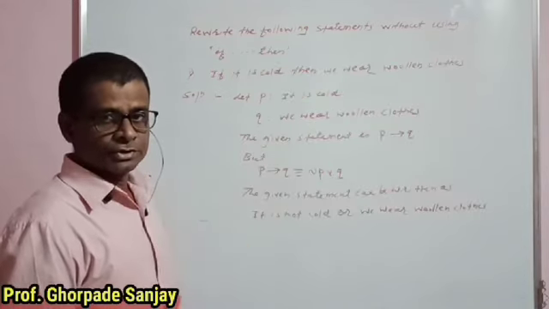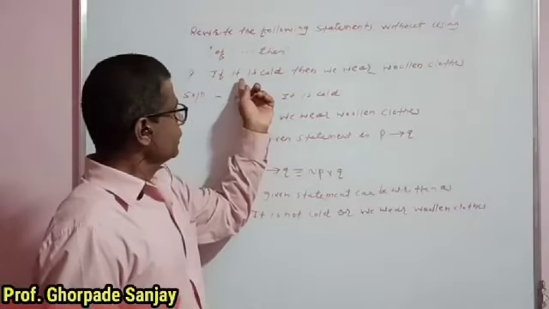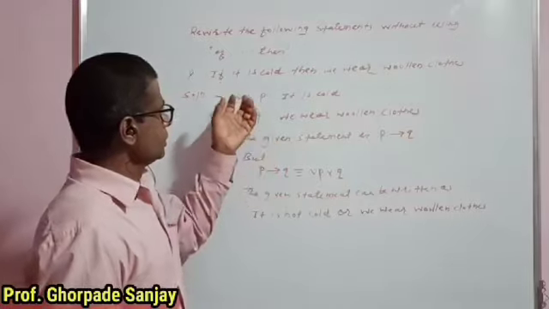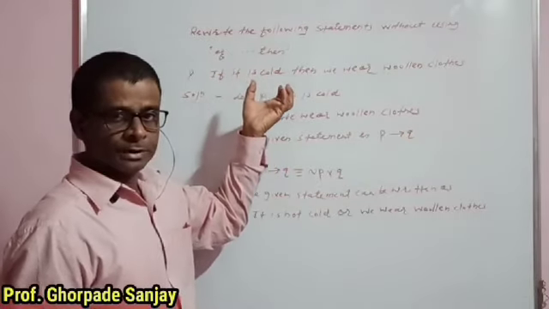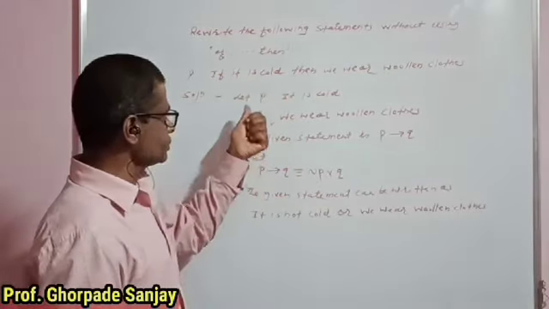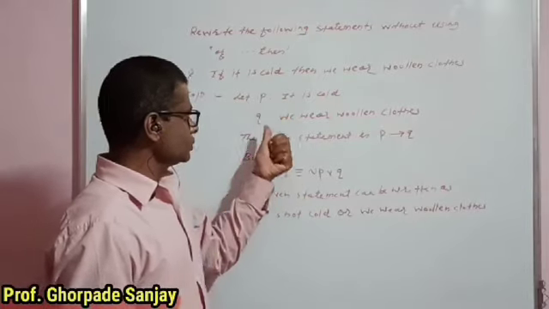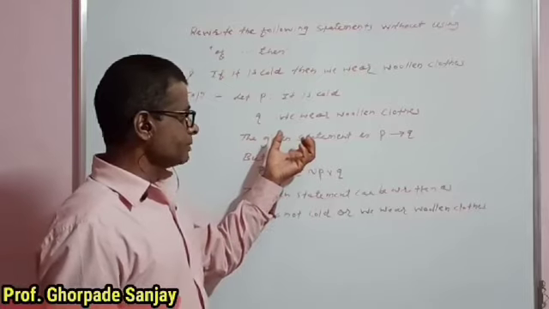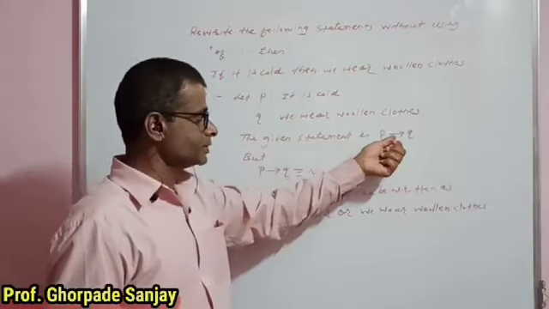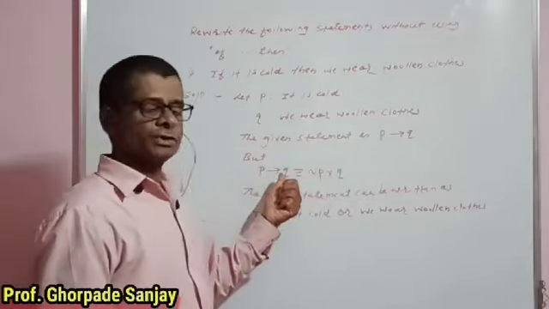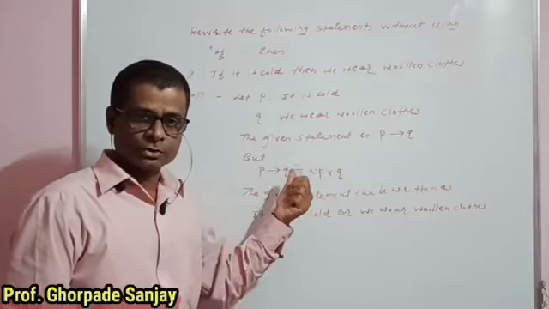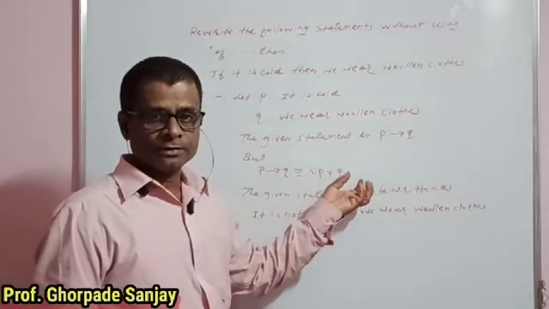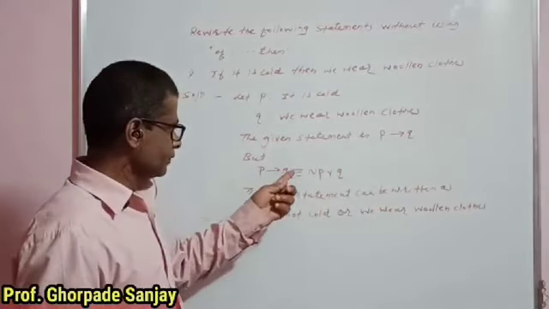Take one more example. If it is cold, then we wear woolen clothes. Now we split this conditional statement into the two simple statements. Statement P, it is cold. Statement Q, we wear woolen clothes. So the given statement in its symbolic form is what? P conditional Q. But we know that P conditional Q is what? Logically equivalent to negation of P, disjunction Q. The given statement without if then can be written as, first, negation of P. P is what?